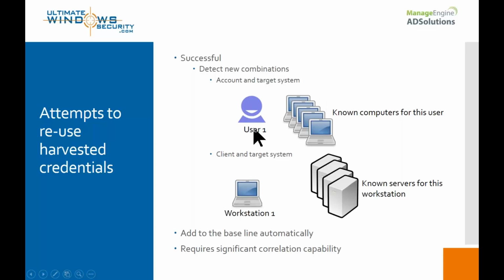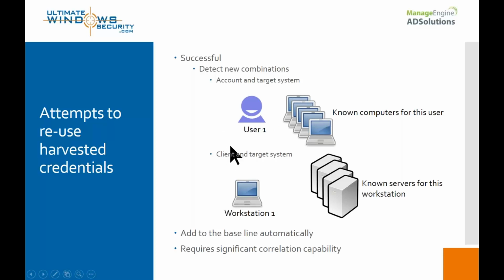So here I've got a baseline for user one. These are the known computers where we've seen user one successfully log on before. And every time we see user one log on to a computer where he's never been seen before, we pop that in as a probably low value event to check, but then we add it to the baseline so that we don't get that going forward.